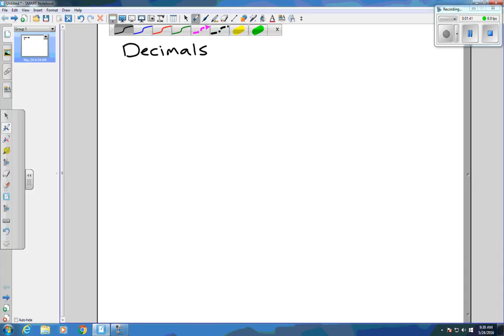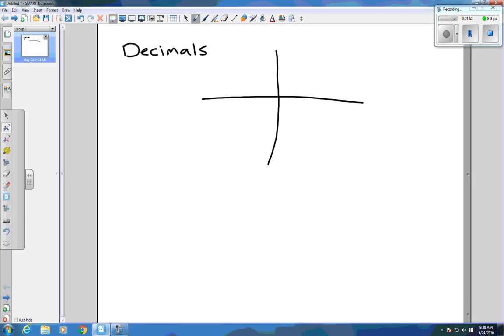All right. When you open up your books to chapter 2, you need to pay attention to page 34, the chart at the top. You need to understand the terminology after your decimal point. Say your decimal point's right there.